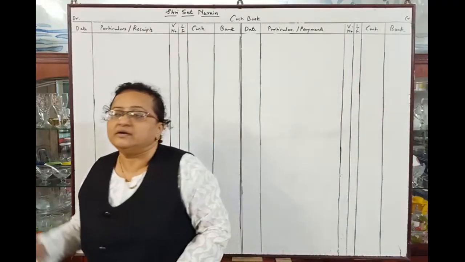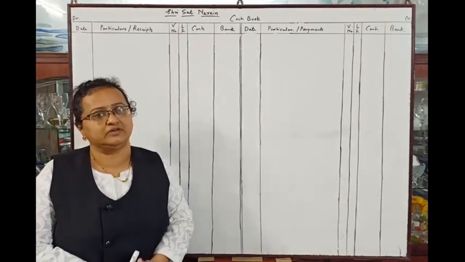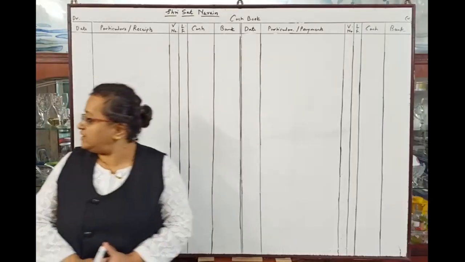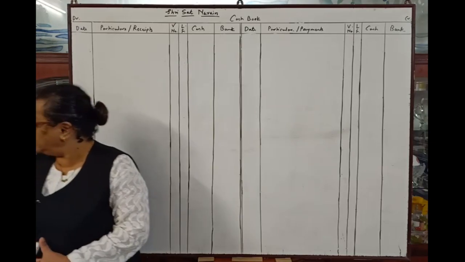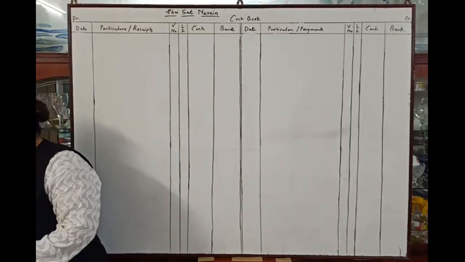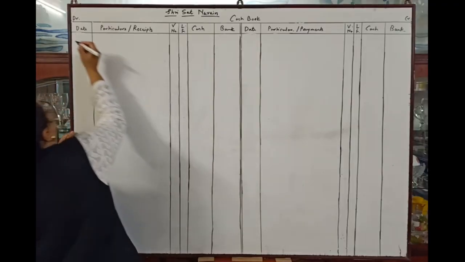Okay. Now here we will enter the transactions from the given problem. See the problem. On 1st January, cash in hand 12,100 and bank balance rupees 8,000. So January 1st, year is 2017.